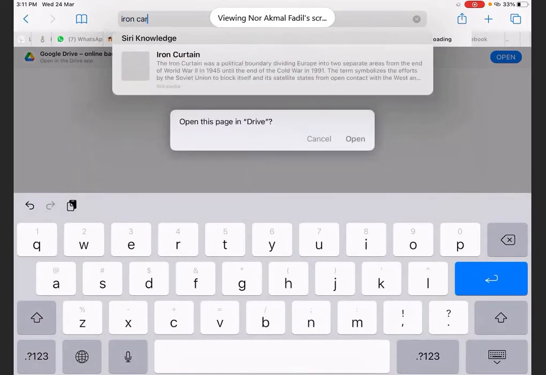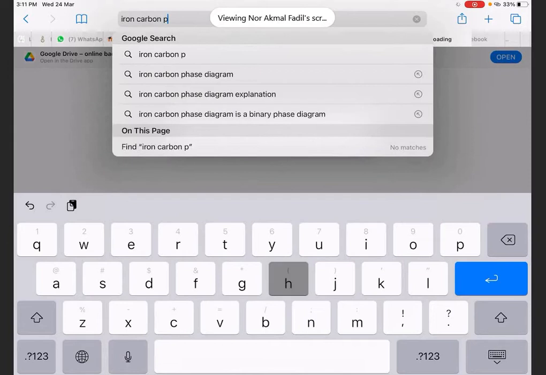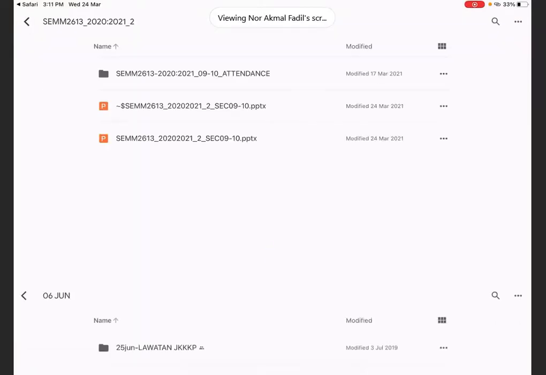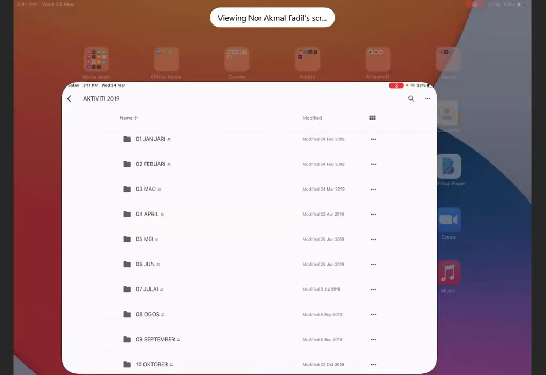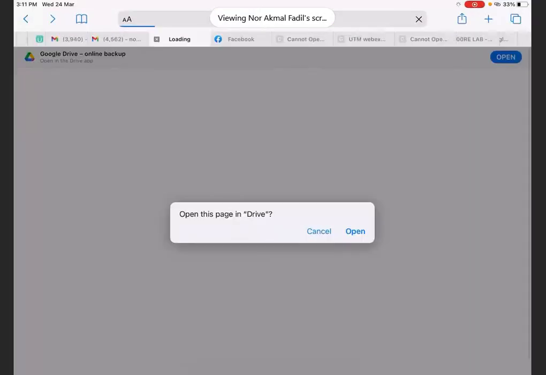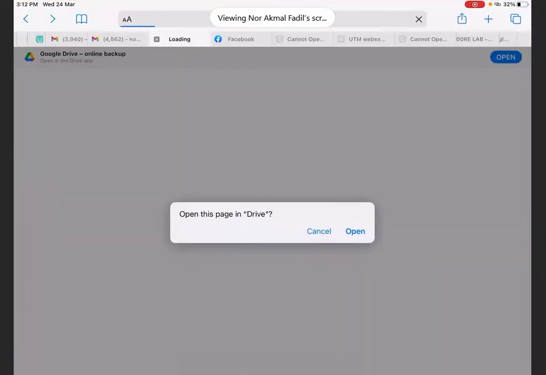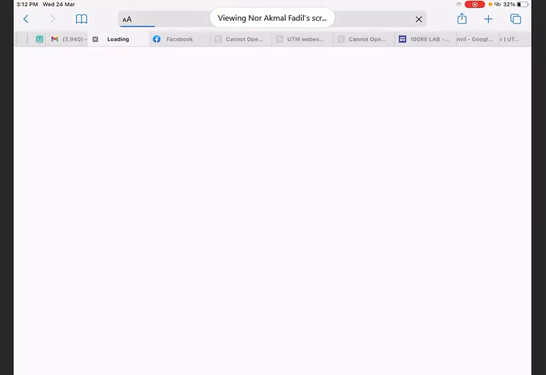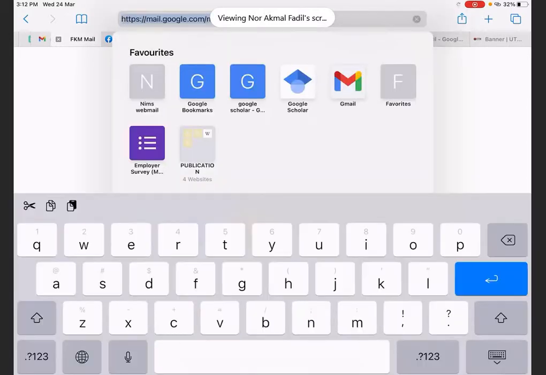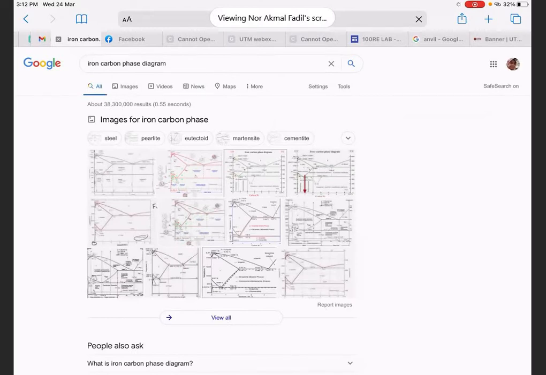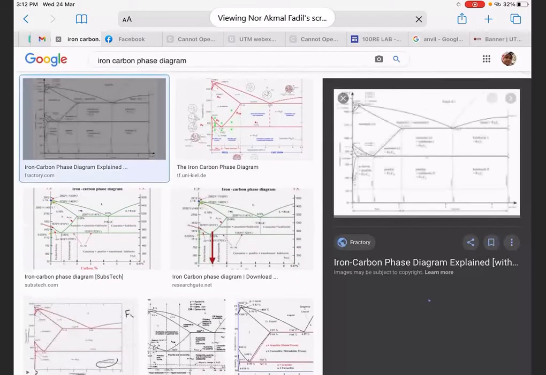Iron, carbon. Okay. You are going to learn this at chapter 5.